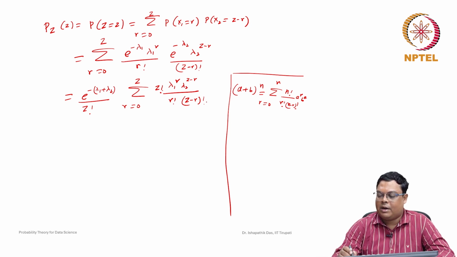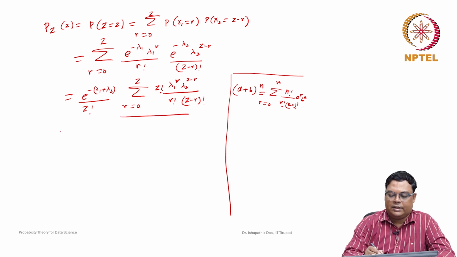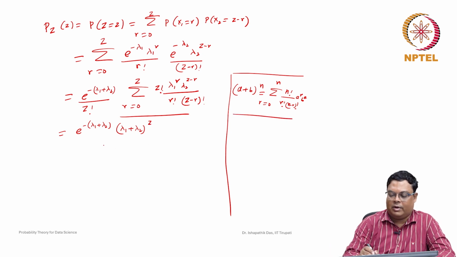Here if you compare, n is equal to z, and a to the power r is lambda 1 to the power r and b to the power z minus r is lambda 2 to the power z minus r. So this is nothing but e to the power of minus (lambda 1 plus lambda 2) into (lambda 1 plus lambda 2) whole to the power of z, by using this binomial expansion, divided by z factorial.